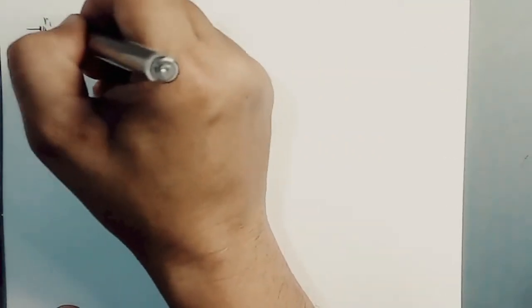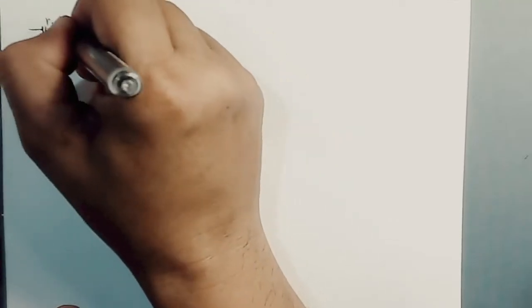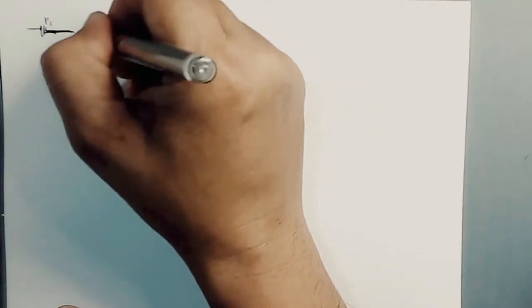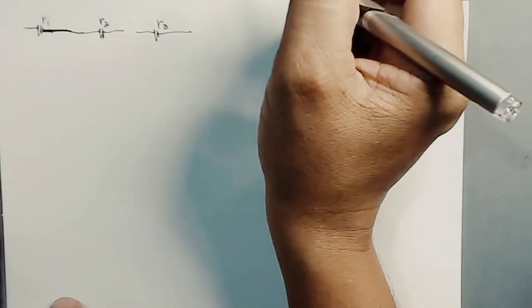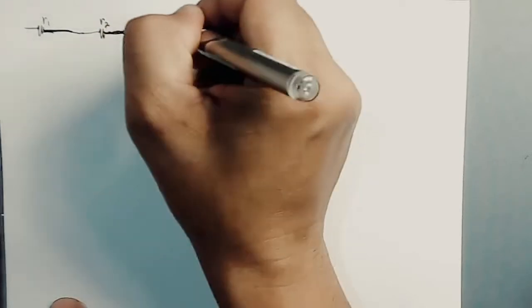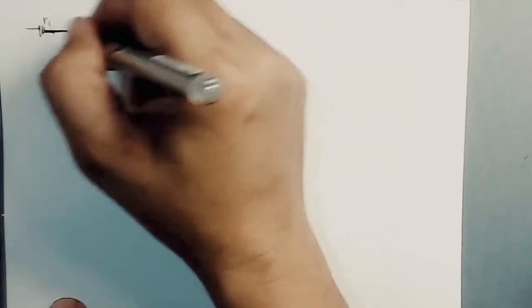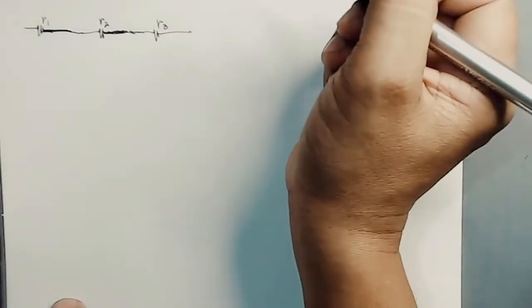For R1, for instance, this is the right side node of R1. I'll connect it to the left node of R2. Okay, so the right node of R2 will be connected to the left node of R3. So it is connected differently from node to node.